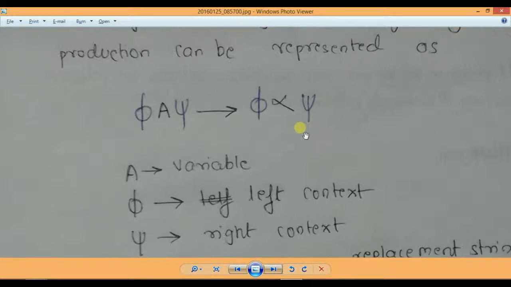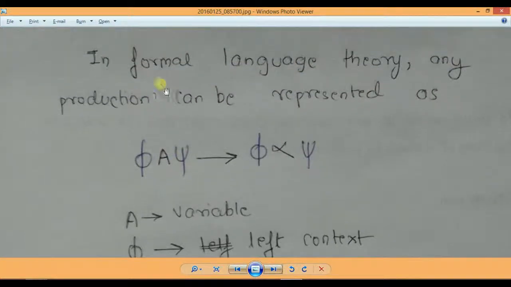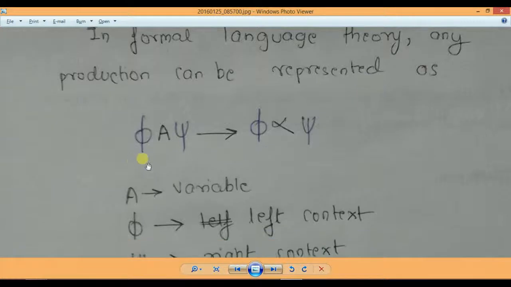The grammar has four tuples: variable, terminal, production, and starting symbol. Well, this is a production rule we are talking about. Let me repeat once more. In formal language theory, any production can be represented in this format. This is the format of representation of a production rule. It is phi A psi tends to phi alpha psi.